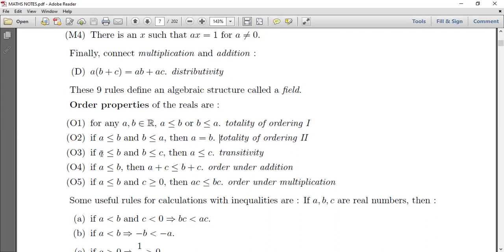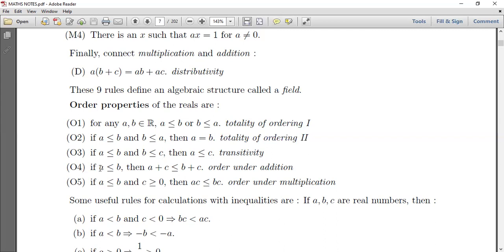Then if A is less than or equal to B, and B is less than or equal to another number C, then it means A is less than or equal to C. This is called the transitivity property. Like if I say 5 is less than 10, and 10 is less than 15, it automatically means that 5 is less than 15.